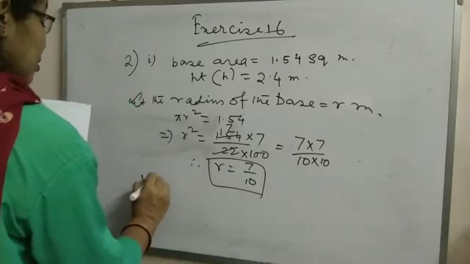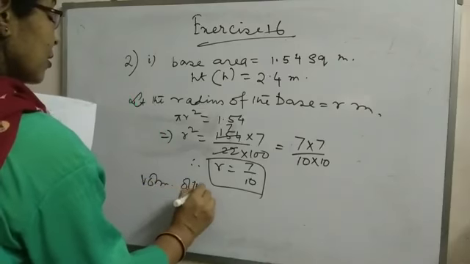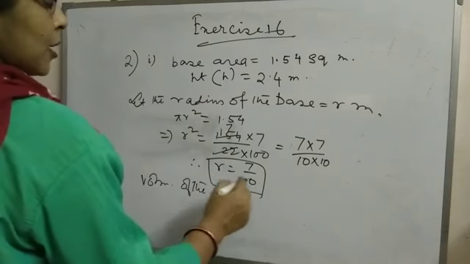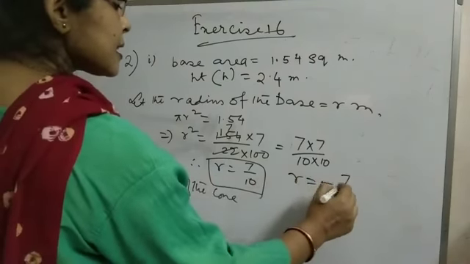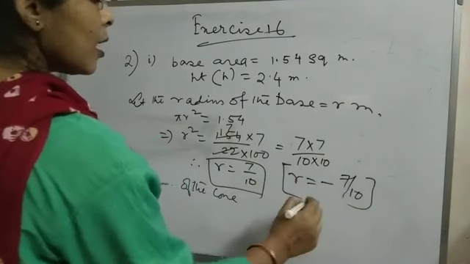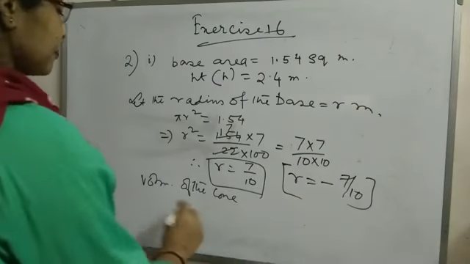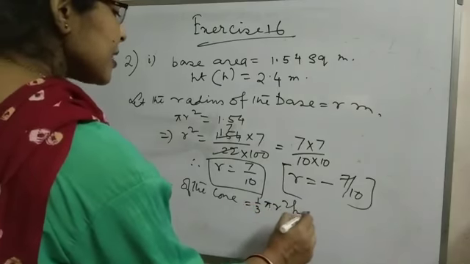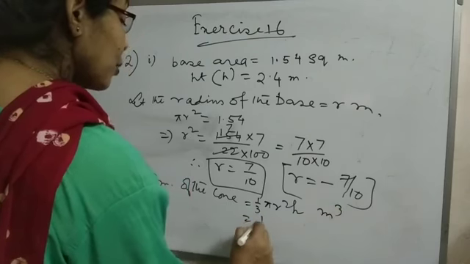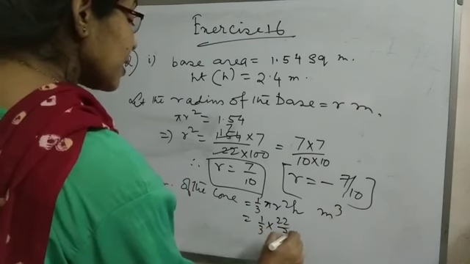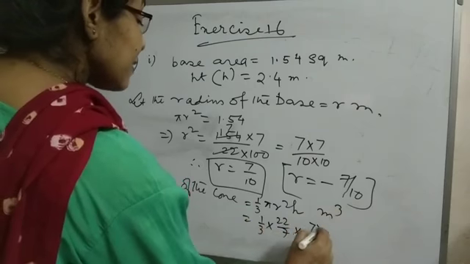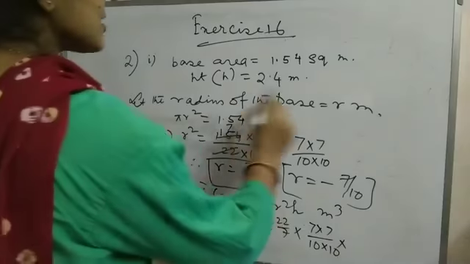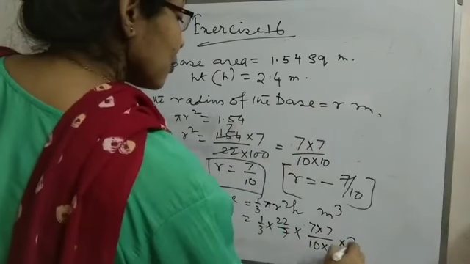Volume of the cone. We cannot take r equal to minus 7 by 10 because radius is positive. Volume of the cone equal to 1/3 pi r square h meter cube equal to 1/3 into 22 by 7 into 7 by 10 into 7 by 10 into h equal to 2.4.